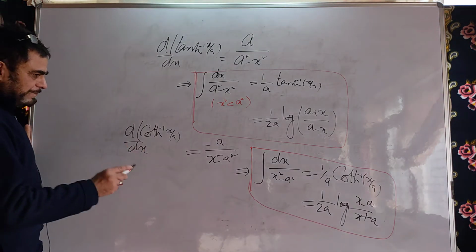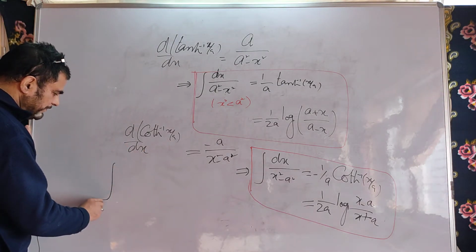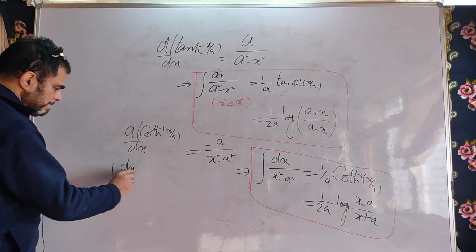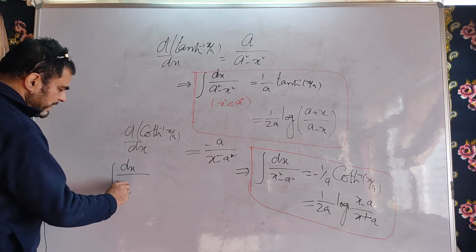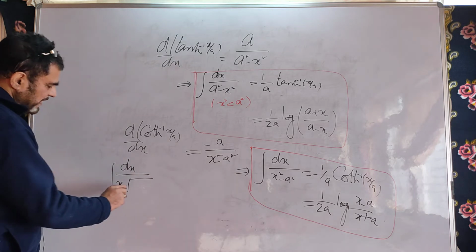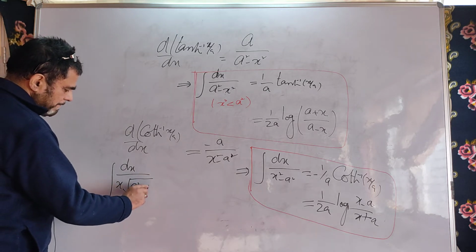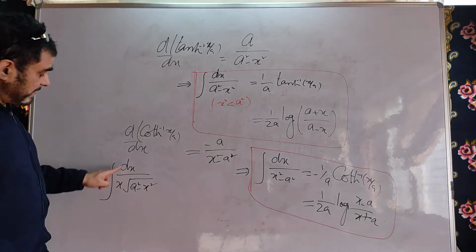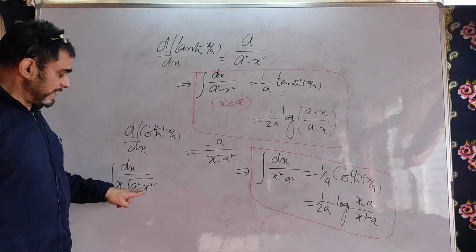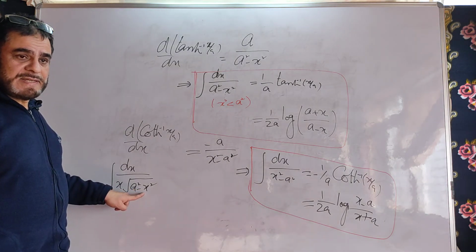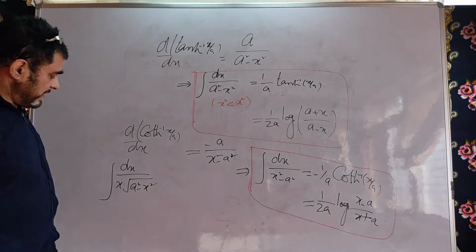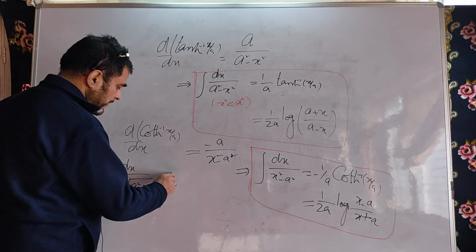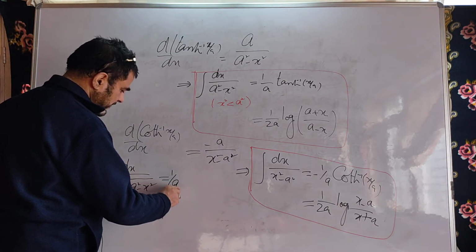Now you have two more results. Suppose you have integral of dx by x times under root of a square minus x square. You did dx by x square minus a square. That was minus 1 by a secant inverse x by a.